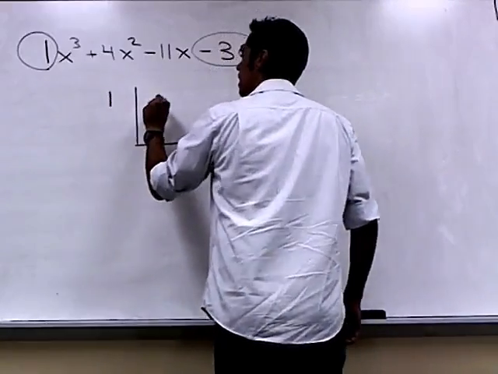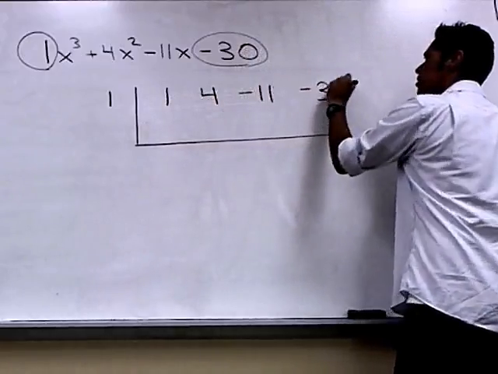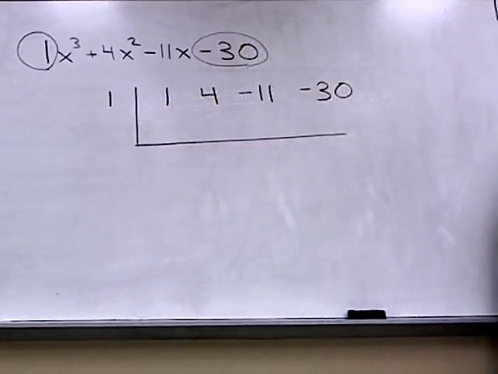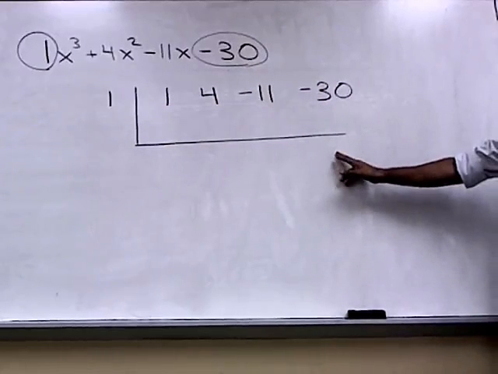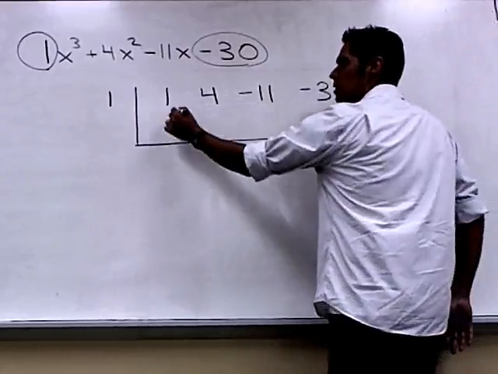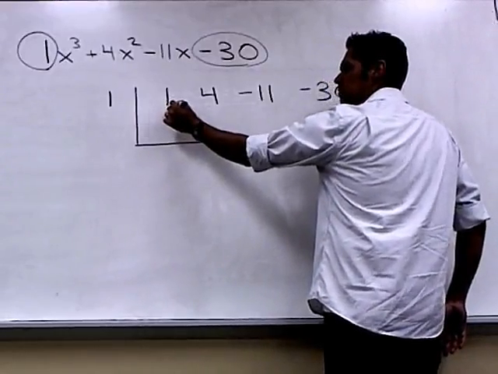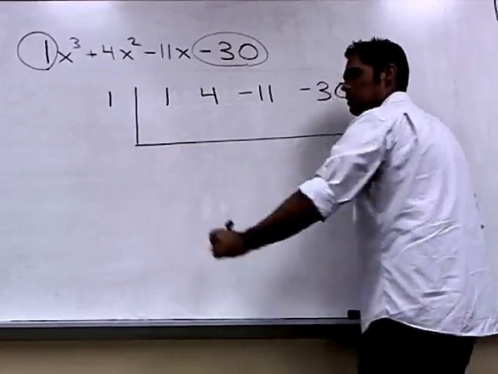When I say 1, I mean I put 1 on the outside, and then I do my synthetic division. And I'm hoping for what? A 0 down here, right? I'm hoping for a 0 right here. So let's see if this works. How does this go again? Down the 1. Yes?